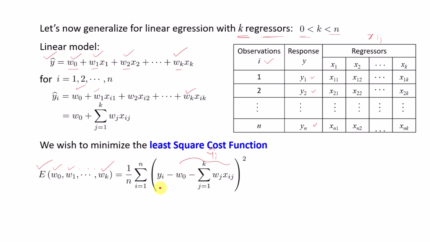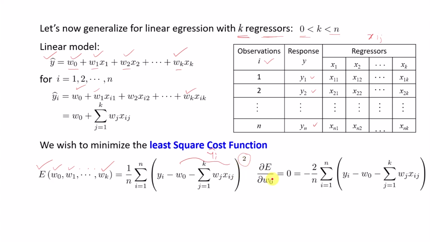So now the goal is to take the derivative of E with respect to each of these independent variables, starting from w0 all the way up to wk. So if I take it with respect to w naught and I set it to be 0, the derivative is, of course, as we have seen earlier, as I take the derivative, 2 will come out because of this square.